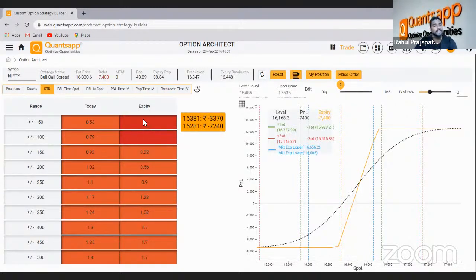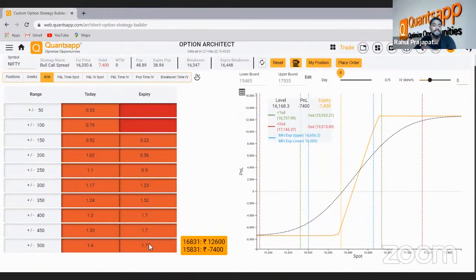But on expiry, if the market stays in between 50 points, I'm going to lose this much amount. If the market moves up by 50 points, again I'm going to lose. If the market moves down by 50 points, again I'm going to lose. Now on expiry, this is where your risk reward increases, right? If the market moves up by 500 points, I'm going to make approximately 12,600 profit.